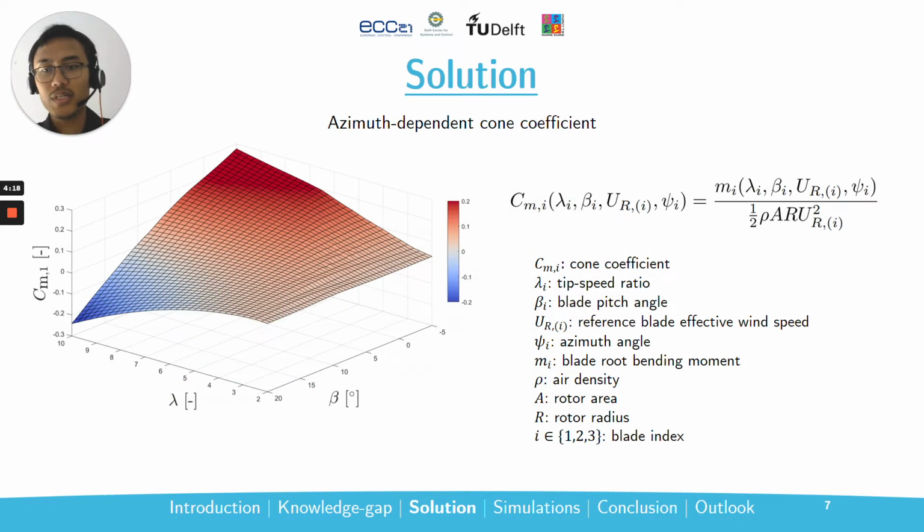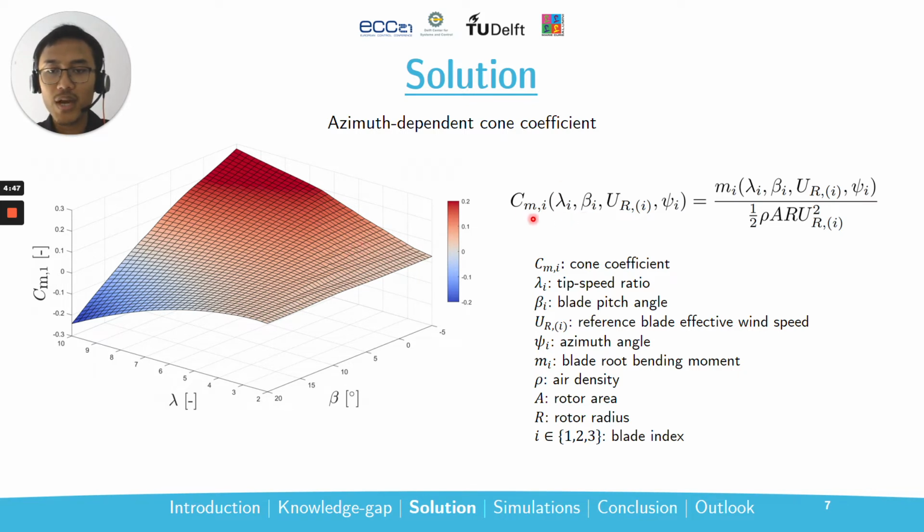Here we see an example of an azimuth-dependent cone coefficient for one azimuth position. As we can see, on the vertical axis we have CM1, which is the cone coefficient for the first blade, and here we have the tip speed ratio. We also have the blade pitch angle, and the contour represents the cone coefficient itself.